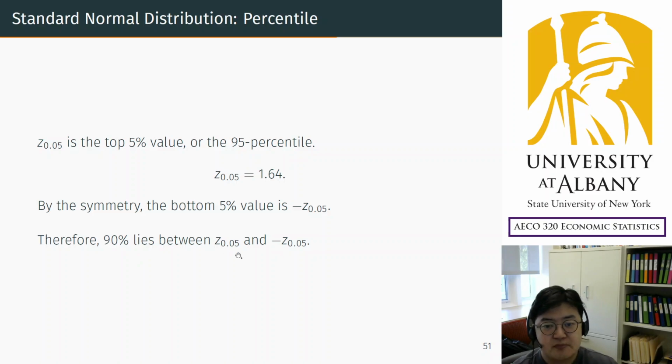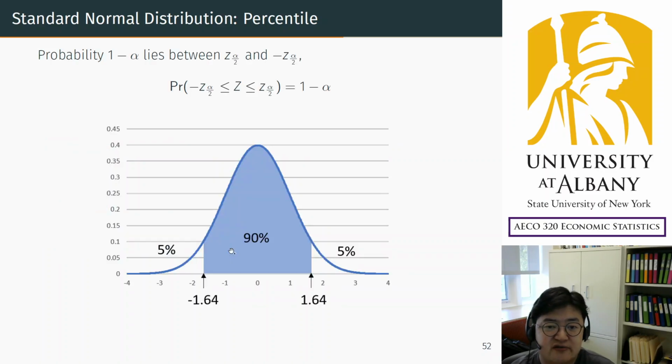That is why I'm emphasizing this notation. It is confusing. So you get this idea. So if you know that 1.64 is top 5%, then automatically bottom 5% is minus 1.64, and then in the middle there are 90% of outcomes. So this is usually the most important probability, middle side probability.